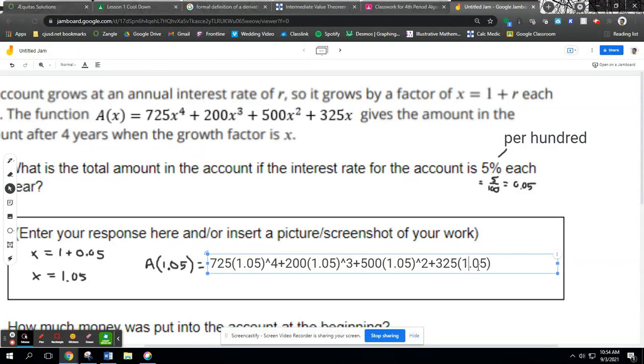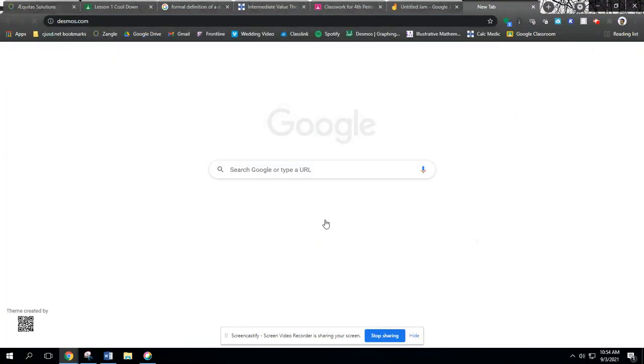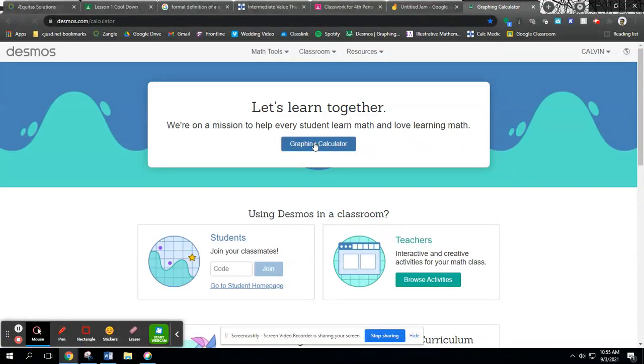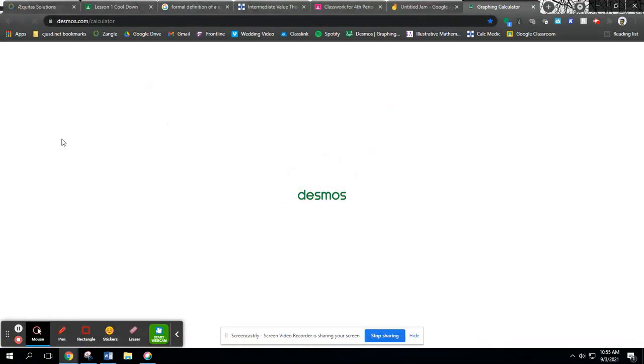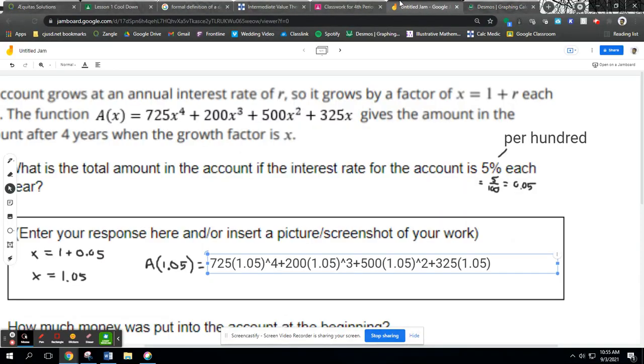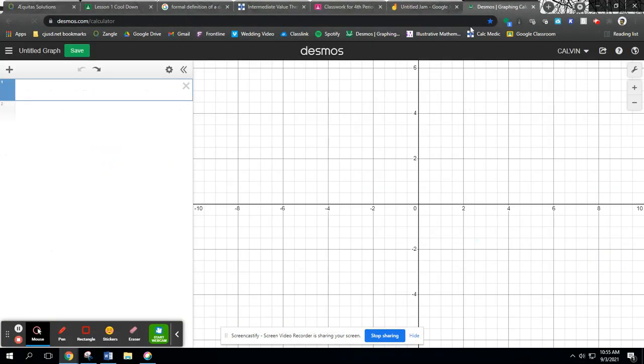You could work this out by hand, or we can just type this whole thing into Desmos, or any other graphing calculator you have. I like Desmos a lot, it's easy to use. If we wrote that whole expression into Desmos, we would have 2005.267, and so on.